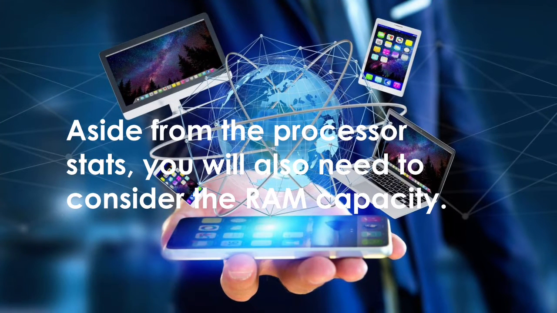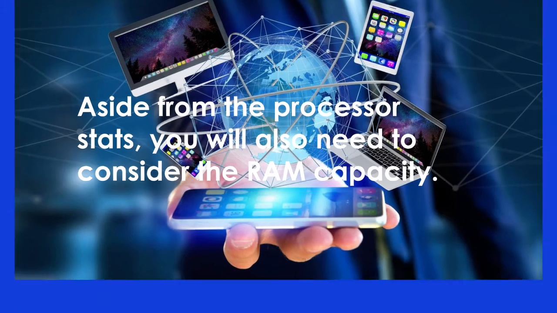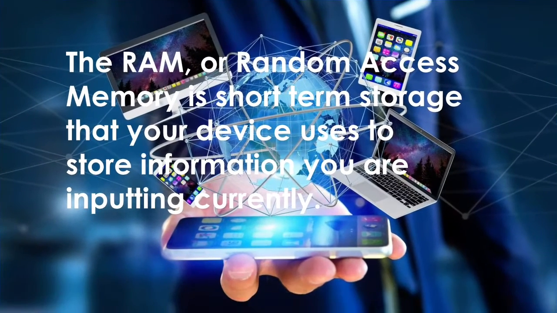Aside from the processor stats, you will also need to consider the RAM capacity. The RAM, or random access memory, is short-term storage that your device uses to store information you are inputting currently.